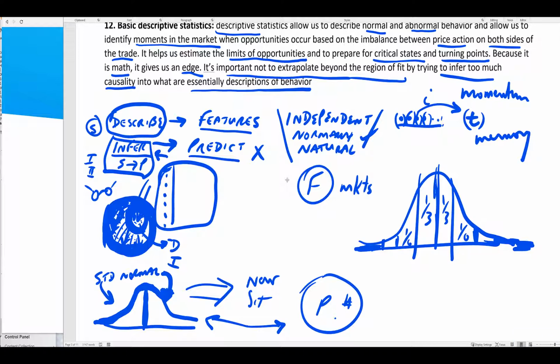So now, if we were to look at the distribution of returns, what we would see is that in many ways it looks like this. And there's two things to notice.